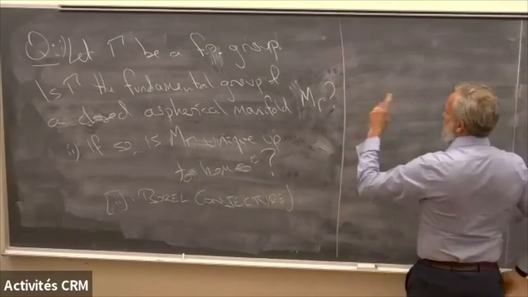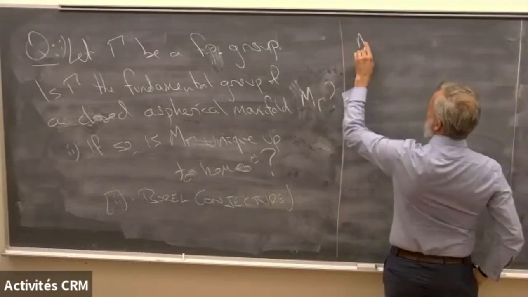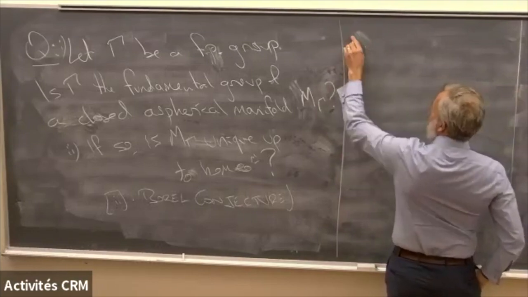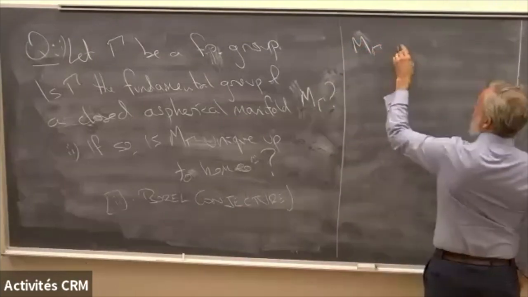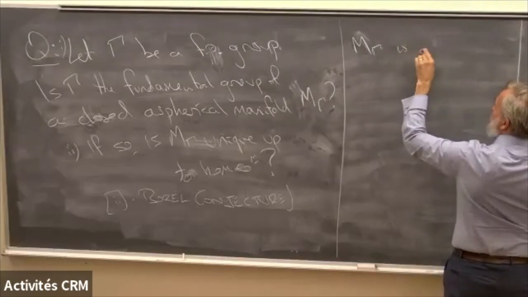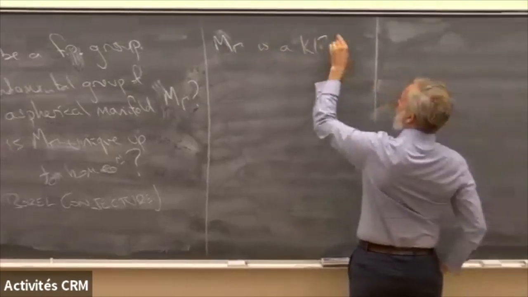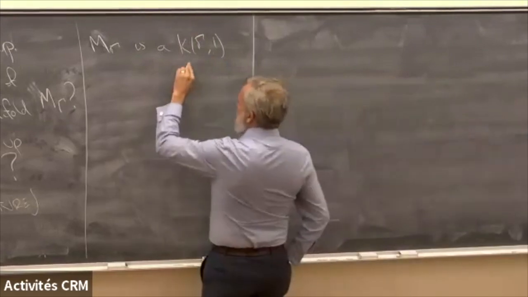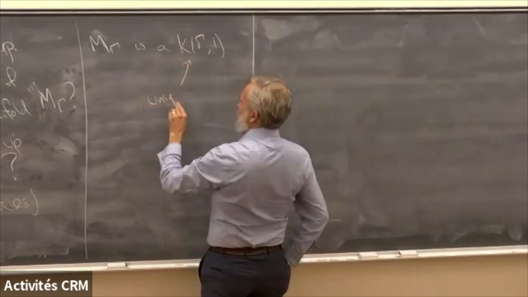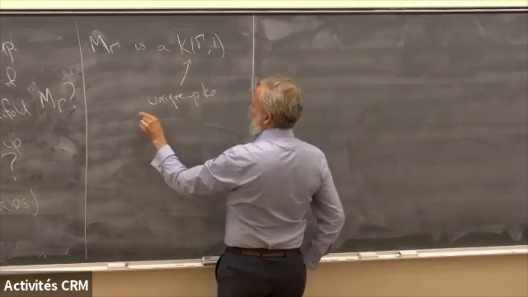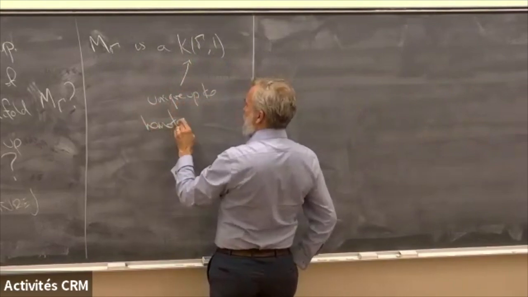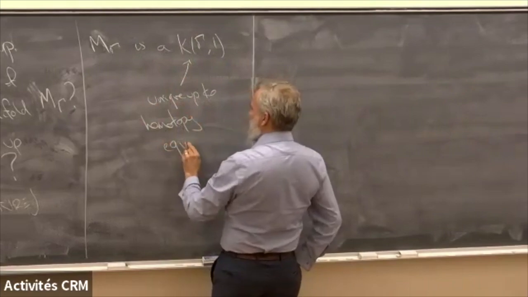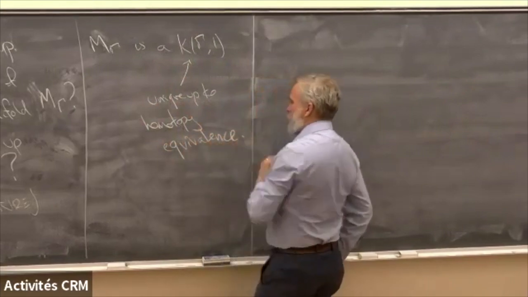Okay, so observation. If M gamma, as Nathan mentioned, should be a K gamma 1. That's just the name for an aspherical space that has the right fundamental group. And such a thing is unique up to homotopy equivalence, as you probably learn in your first algebraic topology class.